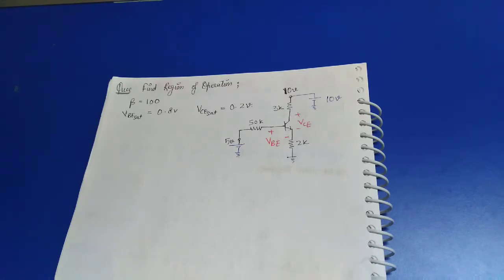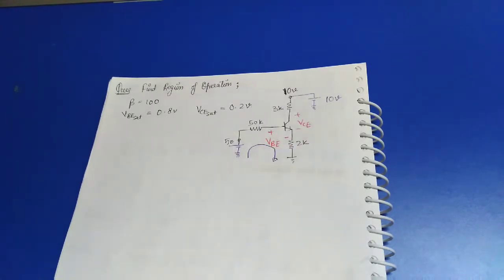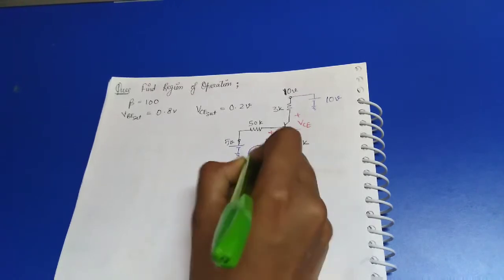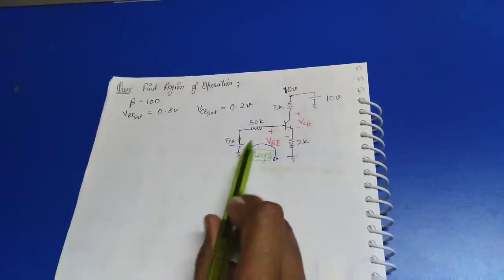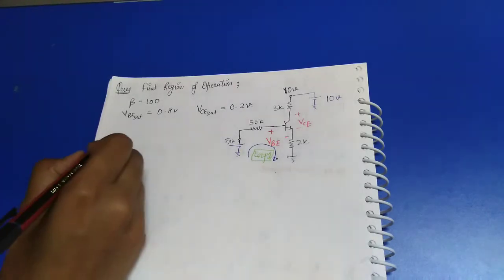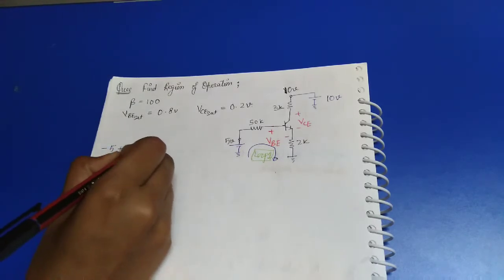Just applying KVL in this loop. This is loop 1. See how I am applying: -5 plus 50 IB.